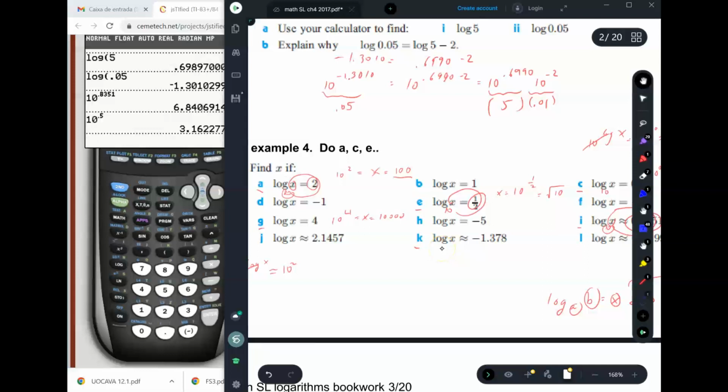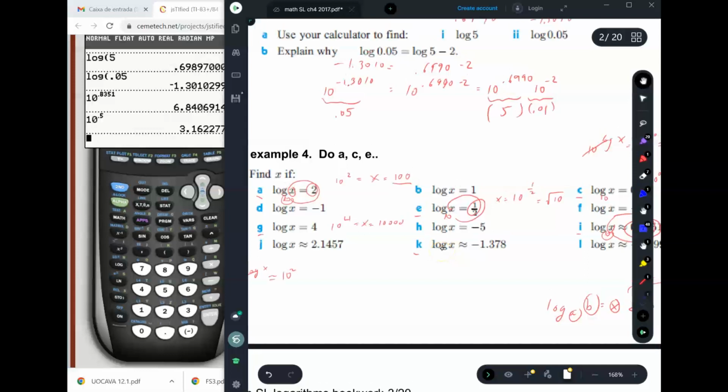So this one here we could rewrite as an exponent if we wrote 10 to the negative 1.378 is x. So x is equal to 10 to the negative 1.378.